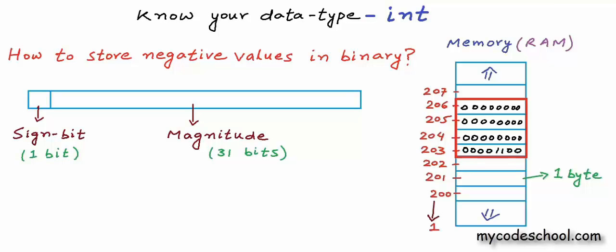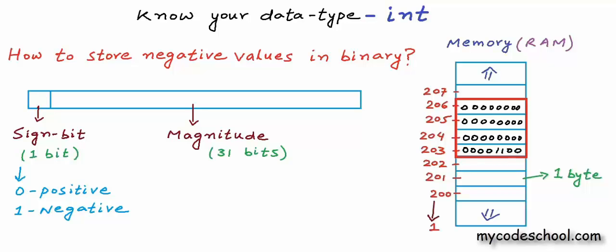We can use the leftmost bit, or the most significant bit, as the sign bit to store the information whether it's a positive number or a negative number. It can be something like: if the most significant bit is 0, it's a positive number, else if it's 1, it's a negative number. And we can use the rest of the 31 bits to store the magnitude or absolute value.